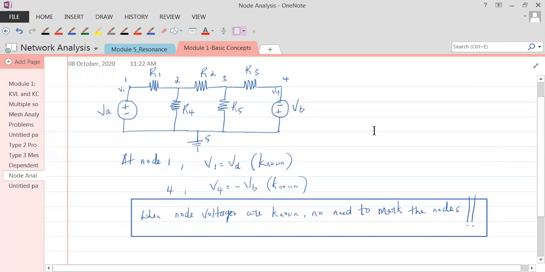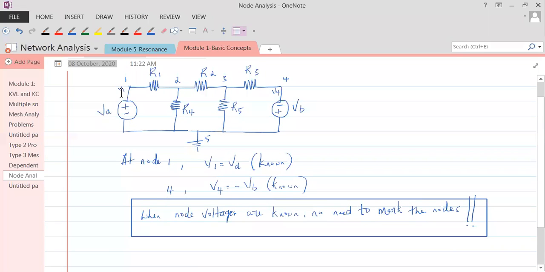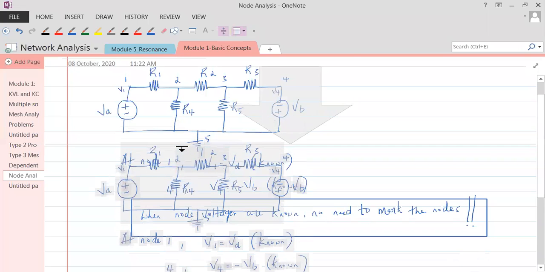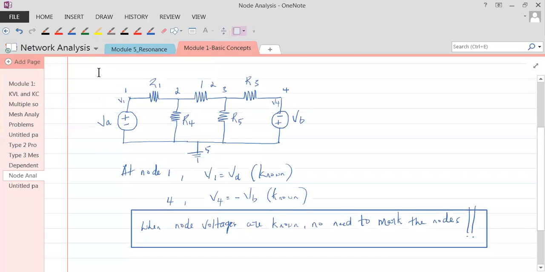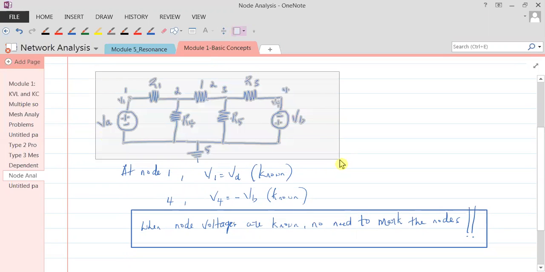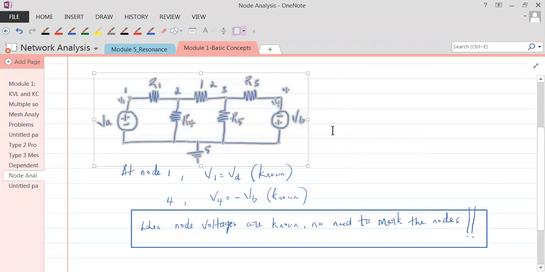Something to remember. So how do I like to have this circuit? Let me take this. How do I want this to be? Just look at this.